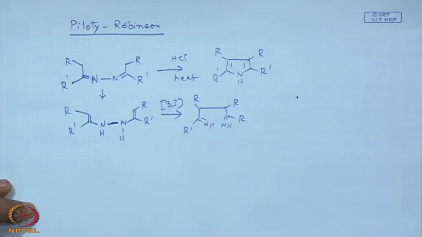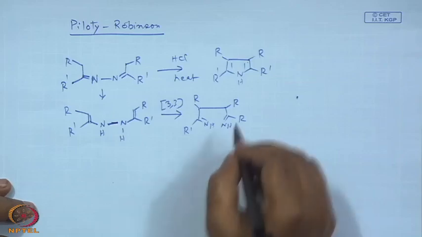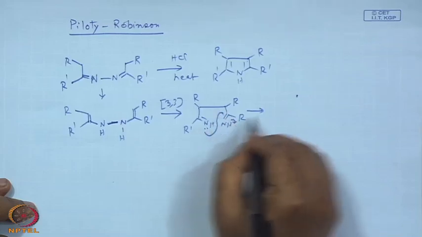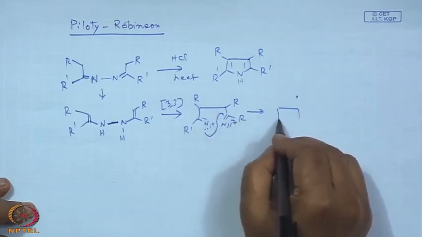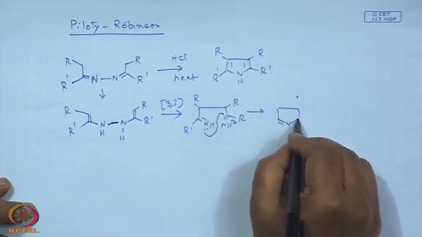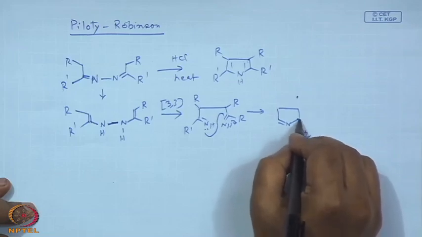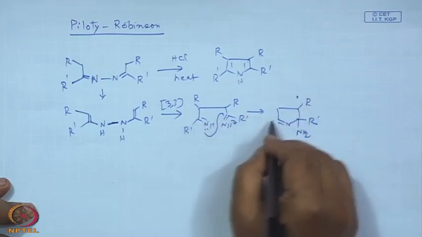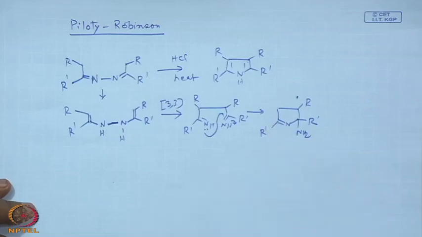What next? Nitrogen will attack. That means, this nitrogen will attack. What we will get is imine, then this would be NH2 R here, R prime, R and R here, right.